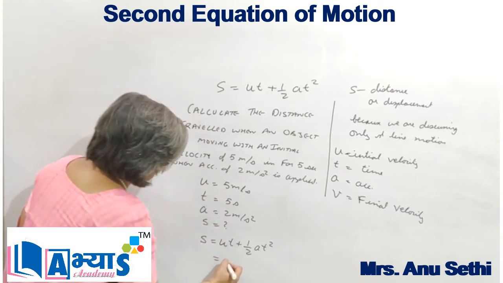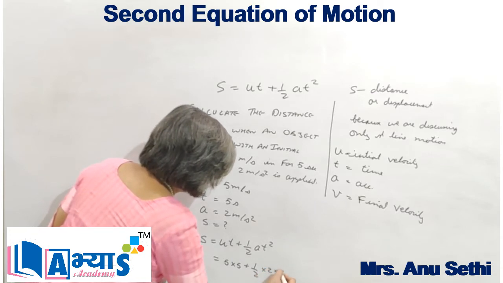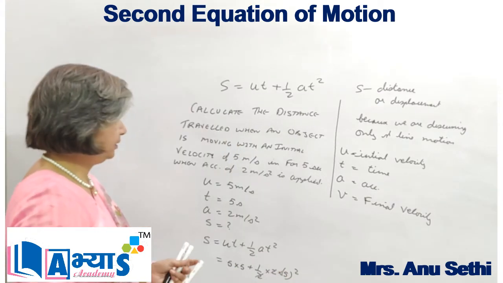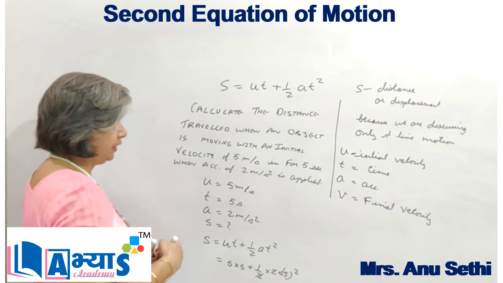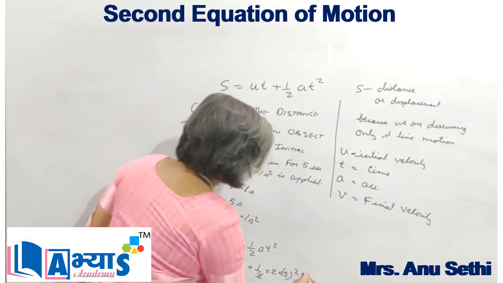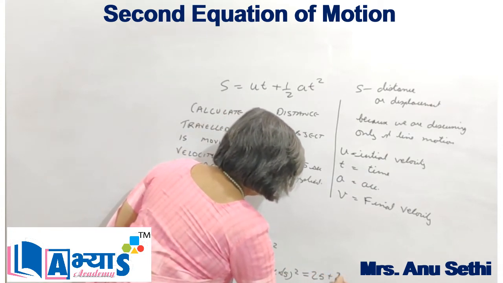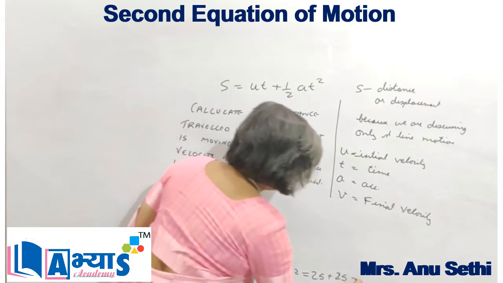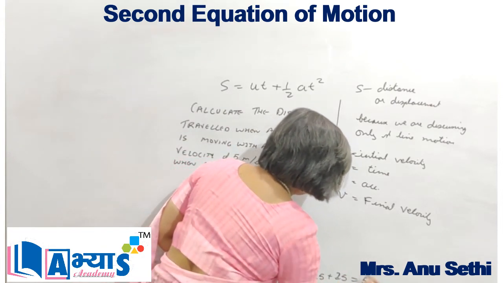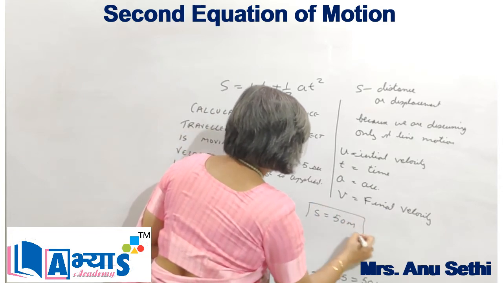So it will be 5 into 5 plus half into 2 into 5 square. Now that I have substituted the values of u, t and a, I will calculate the result. 5 into 5 is 25 plus 5 square is again 25, and I get 50. So the answer is 50 meters, or s is equal to 50 meters.